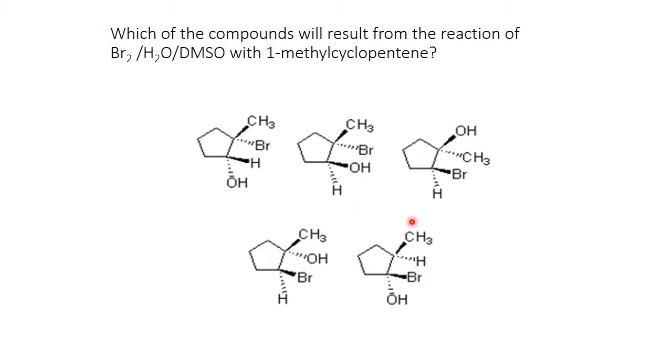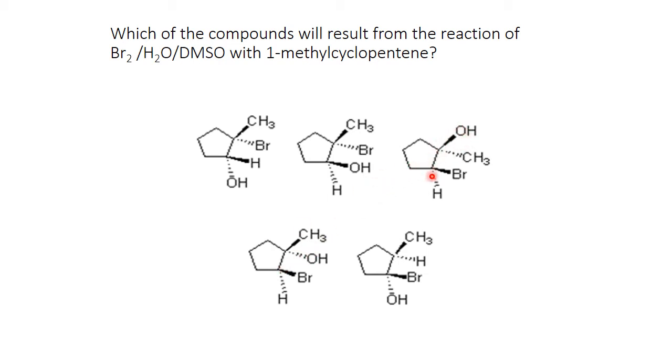Then I look at this one and I see that the alcohol is on the less substituted carbon. This one I can discard for another reason, because the bromine and the alcohol are on the same carbon. Remember, when we have bromine and the alcohol add across a double bond, the bromine ends up on one carbon and the alcohol on the other. So we can discard this right away because they're on the same carbon. If I look at these two, I look to see what is the difference between them.